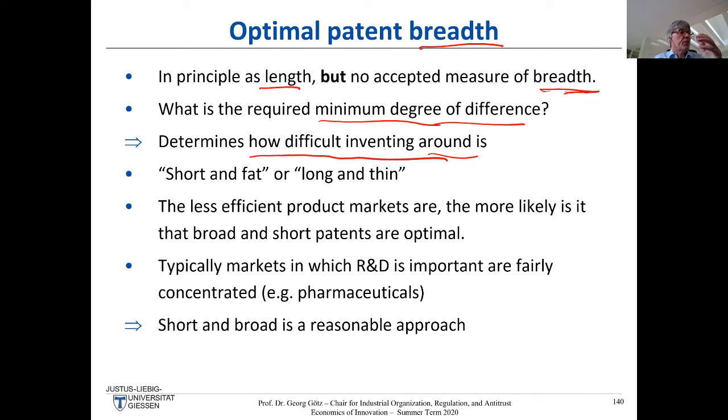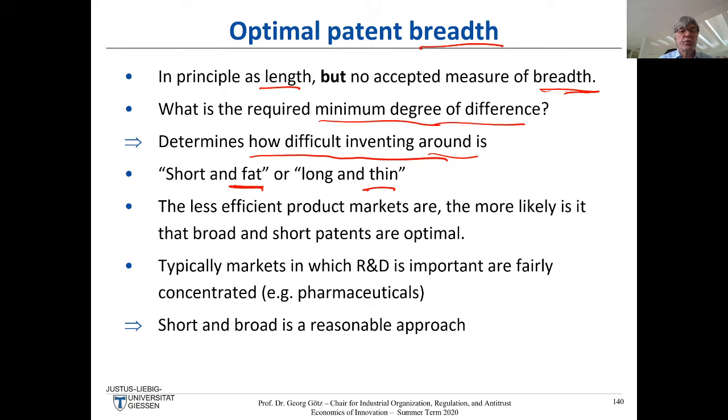It doesn't cover your genre, for instance. If you're the guy who wrote these stories, some Bavarian crime novel, others might also use the same type of characters, okay? Because you get a very thin patent, whereas it could also be fat, and fat would just mean that it's very hard to invent around.